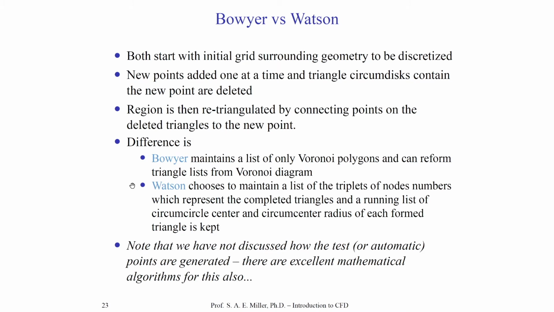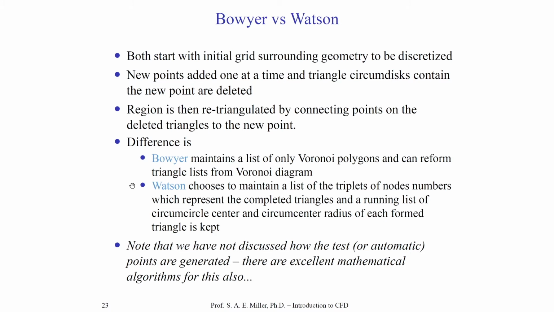The major difference between the Bowyer and Watson algorithm is that the Bowyer algorithm maintains the list of only the Voronoi polygons, and we can form the triangle list from the Voronoi diagram. The Watson algorithm, which we presented here, will choose to maintain the list of the triplets of node numbers, or quadruplets if you're in 3 dimensions, and they'll represent the completed triangles in a running list of circumcenter, and the circumcenter radius of each formed triangle will be kept.